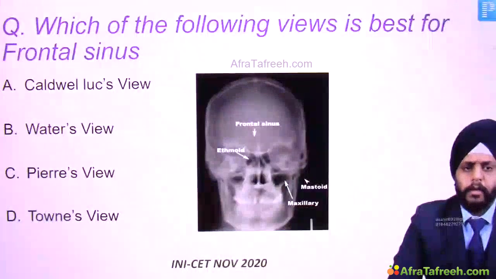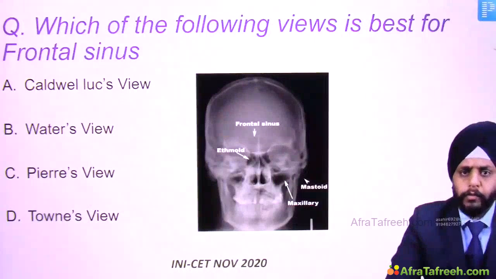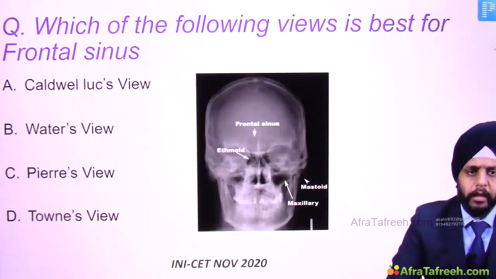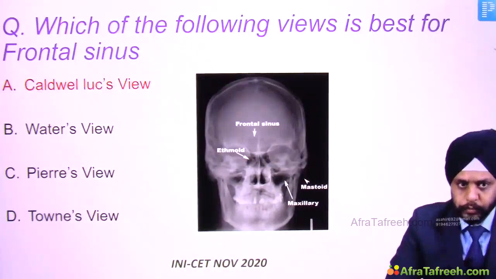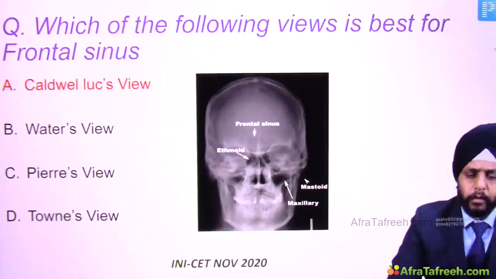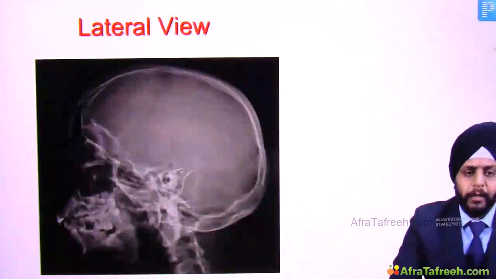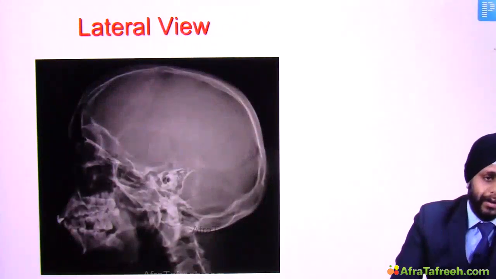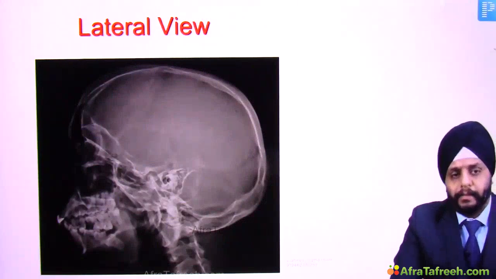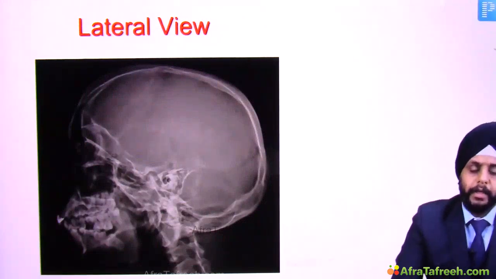Okay, other question: which of the following views is best for frontal sinus? So the answer is once again Caldwell view. Right? This also we have just studied. Now another question which has been asked in the exam: in which view can we see all the sinuses? The answer is lateral view.